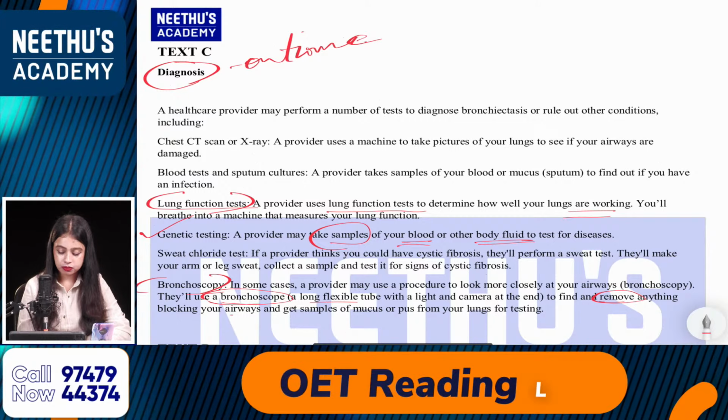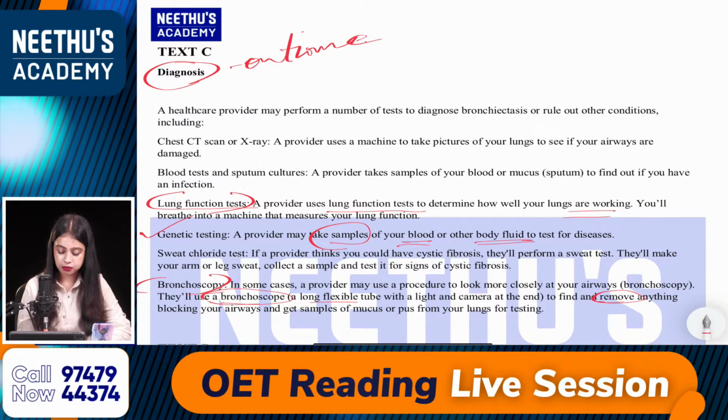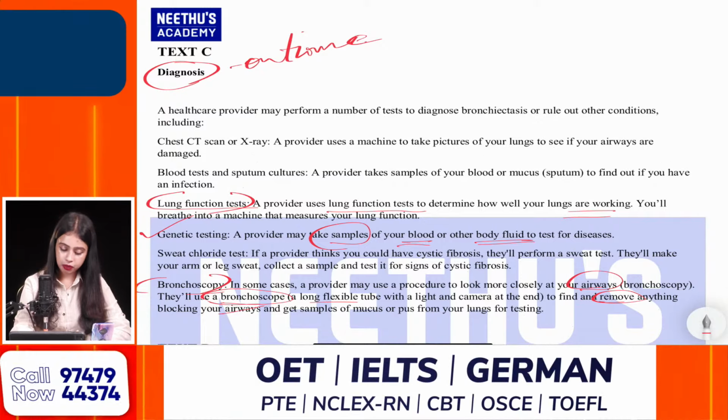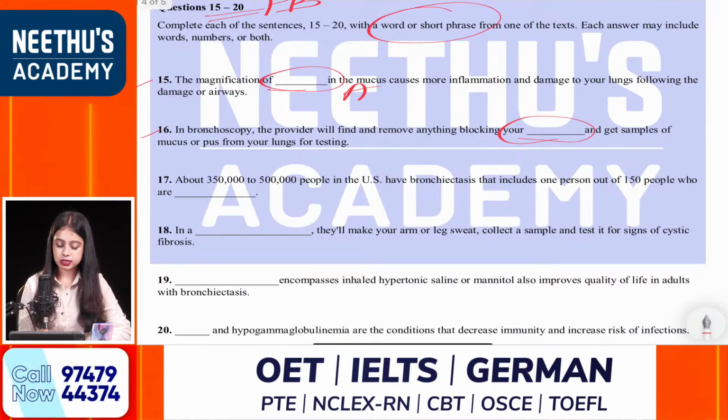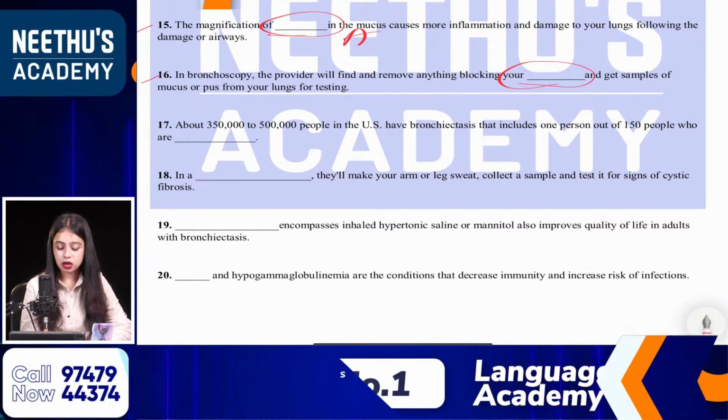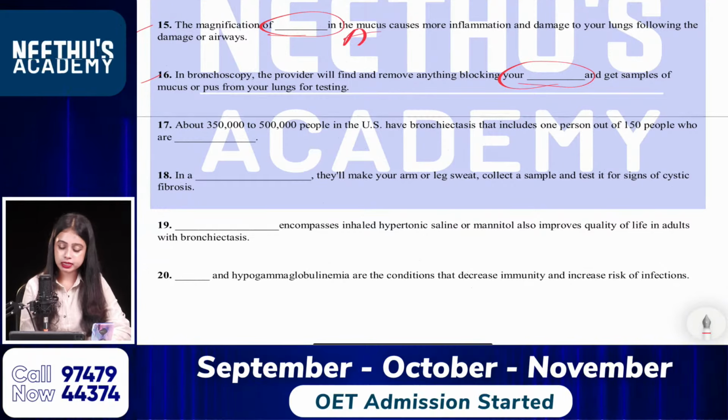Okay, airway. So blocking your airway. Bronchoscopy: in some cases a provider may use a procedure to look more closely at your airways. So the answer is airway from text C.